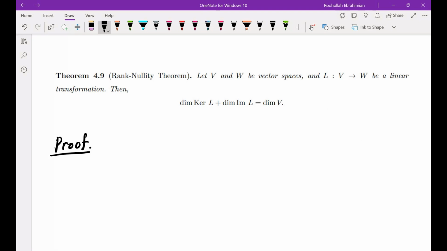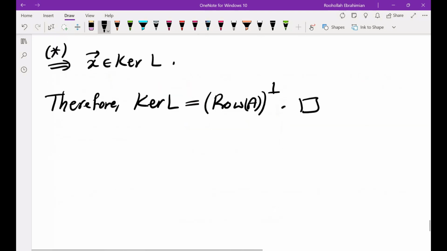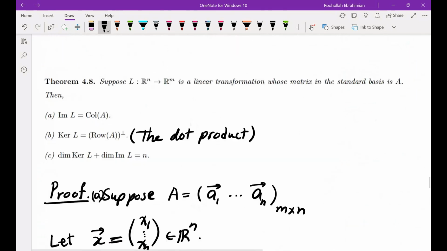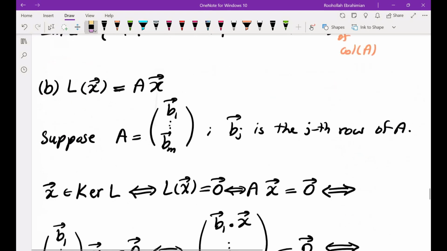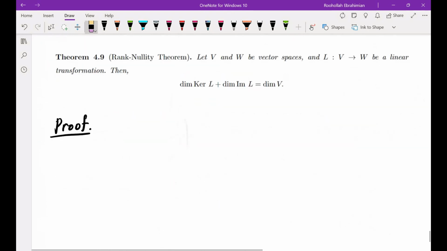Let V and W be vector spaces, and L from V to W a linear transformation. Then the dimension of the kernel plus the dimension of the image is the dimension of V. That's exactly what I have here. Dimension of kernel plus dimension of image is equal to n, where n is the dimension of the domain. Dimension of Rn is n. So if I prove this theorem, then the previous one will be proved as well.